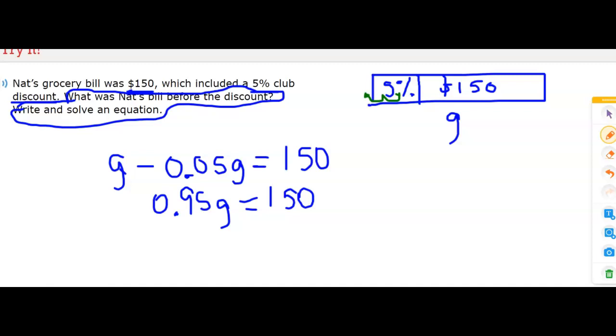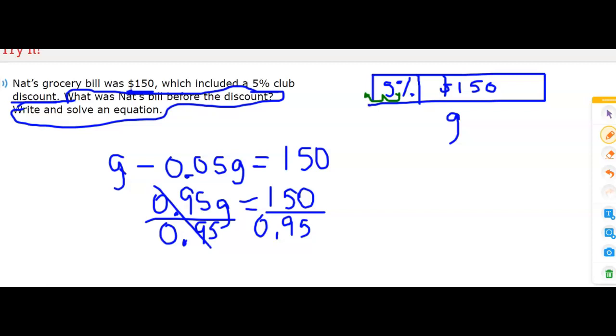But we're solving for G. We don't know what that total amount is yet. So now the next step is to do the inverse or opposite of multiplication. The opposite, or inverse, is division. So we're going to divide both sides of the equation by 0.95, or 95%.